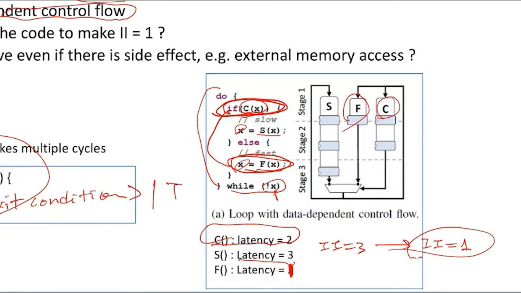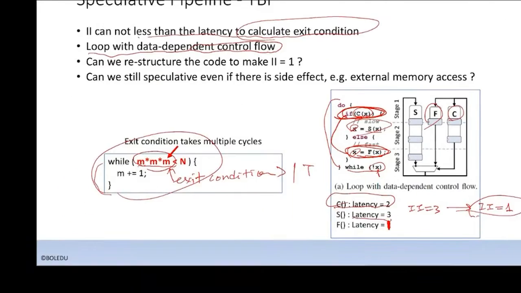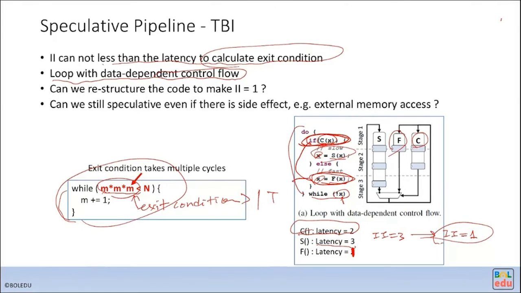Then you try to recover, just like in processor design, branch prediction. You assume it always chooses this path, which gives you II equal 1 until you find out it's wrong.